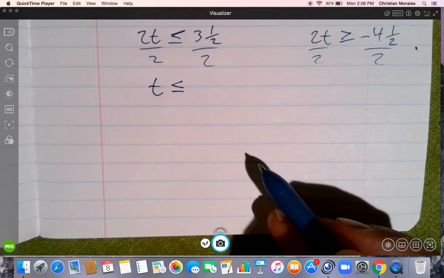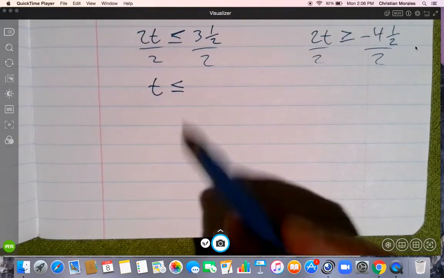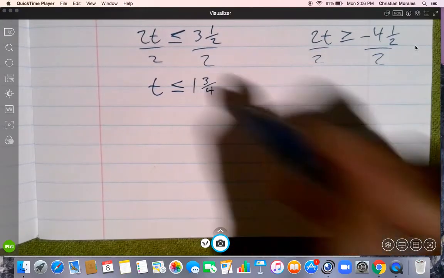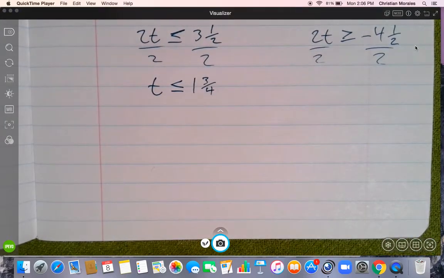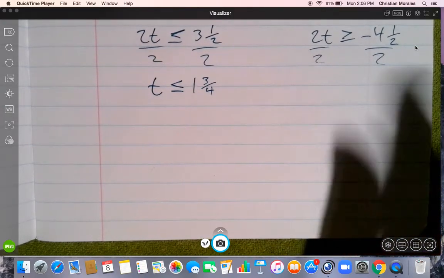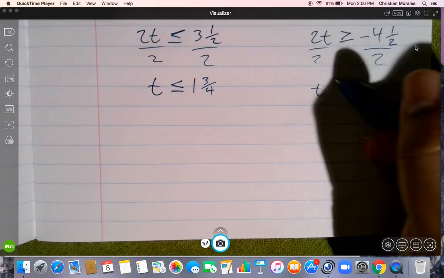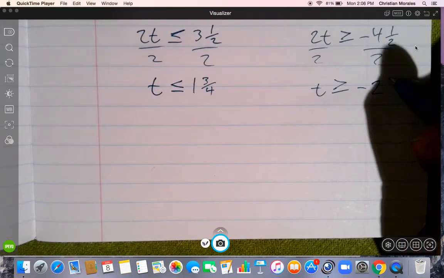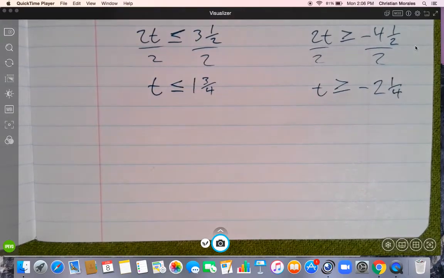I get 1 3/4. Here, if I divide this, I get -2 1/4. So those are my answers.